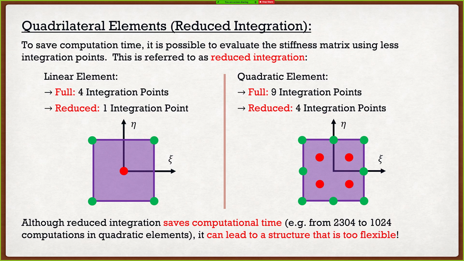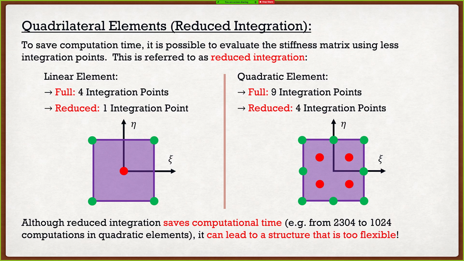But I want to ask you guys, and this is one of those funny things in finite element: is being too flexible a bad thing? What do you guys think? Is being too flexible a bad thing? Large deformations. You guys are kind of overthinking it.